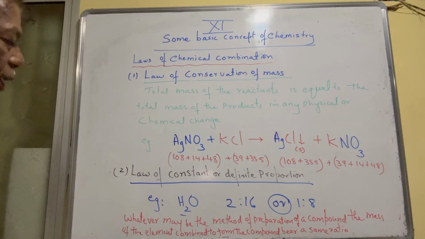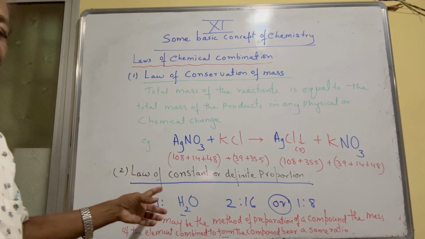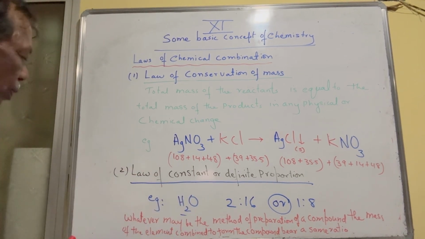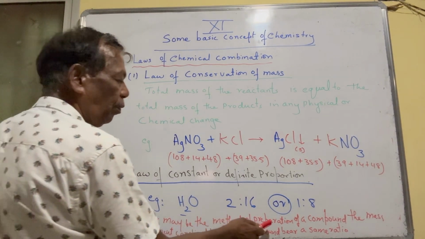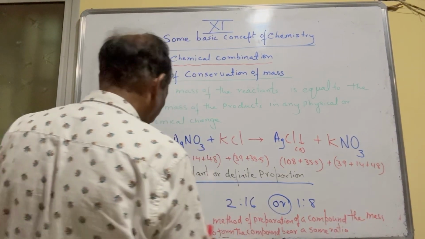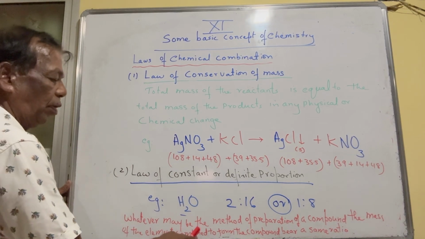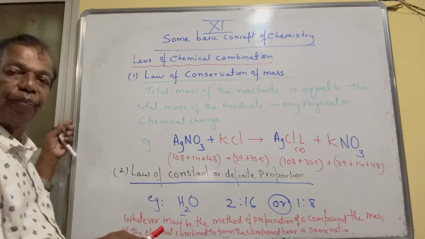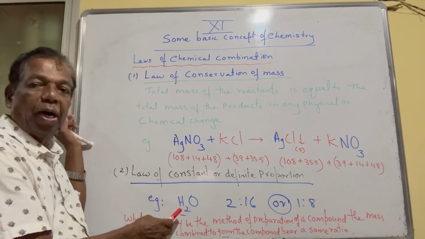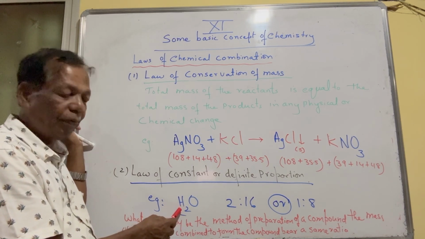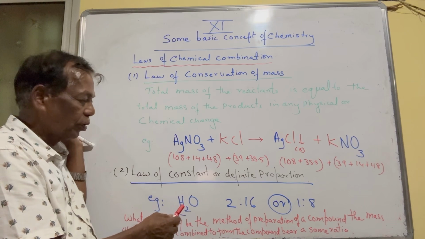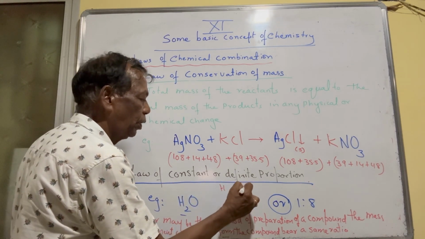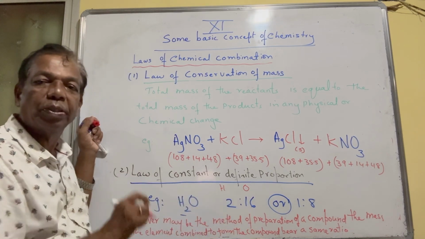So this is the explanation again. Whatever be the method of preparation of a pure chemical compound, the mass of the elements combined to form the compound bear the same ratio. In this case, water contains hydrogen and oxygen, and the ratio of the mass of hydrogen to oxygen is found to be 2:16.